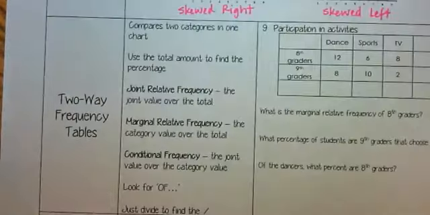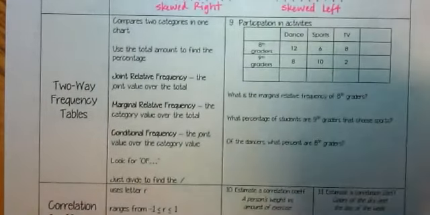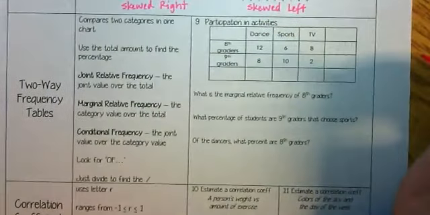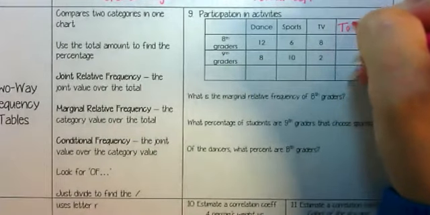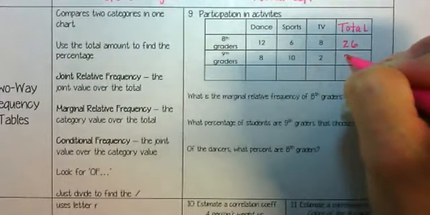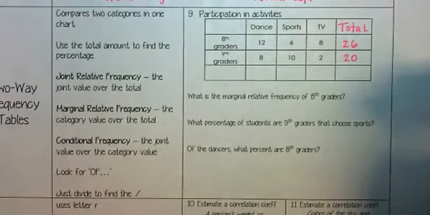All right, next up, two-way frequency tables. This is actually something carried over from Math 8. It kind of bleeds into the next thing with correlation, but what we do on here is you have categories. It's what we use to compare categories, and the goal is that in these columns here, we'll have the total numbers for these categories. So for example, there are 26 8th graders, and it looks like 20 9th graders.